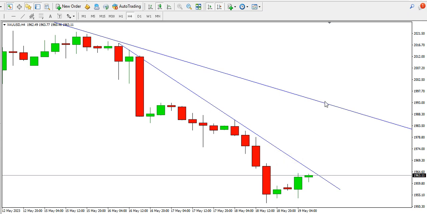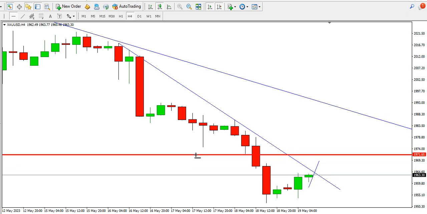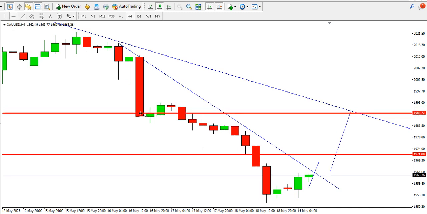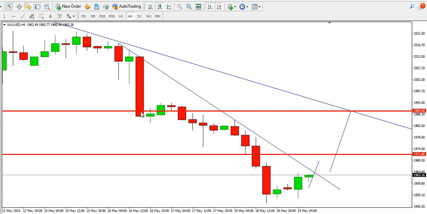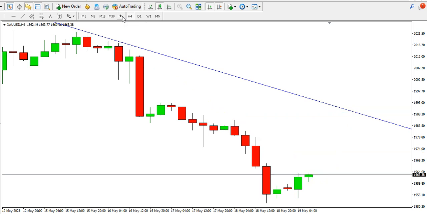This is another descending trend line, so we might see a break of this particular trend line to the top, to possibly somewhere around 1971, max to see a break to this point where we have the 1989 area. So for now, the price of gold is trying to recover. The bulls are stepping in, and you might want to look for buying opportunities.